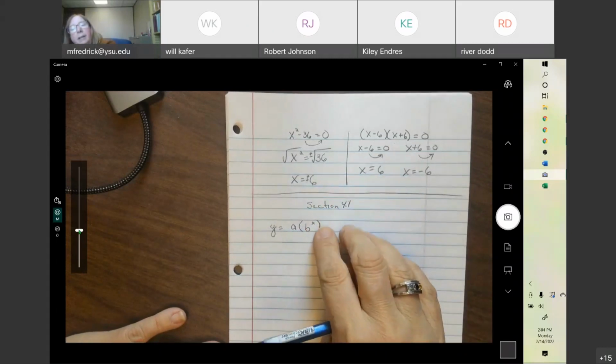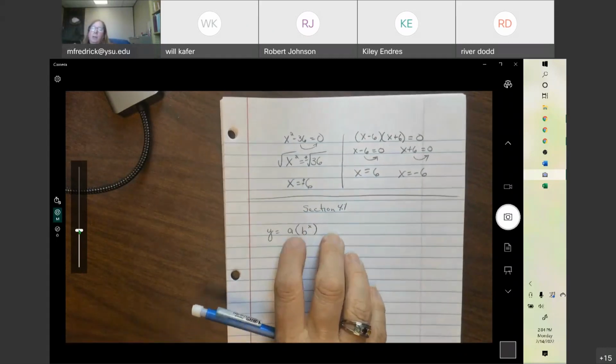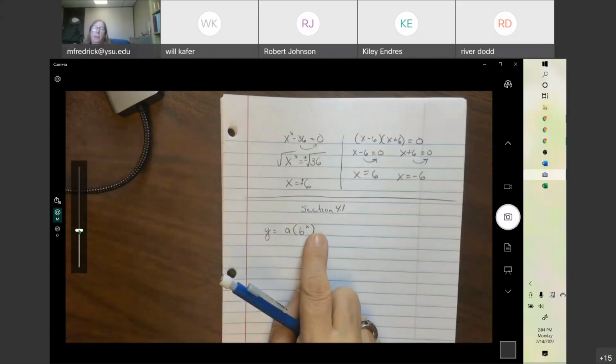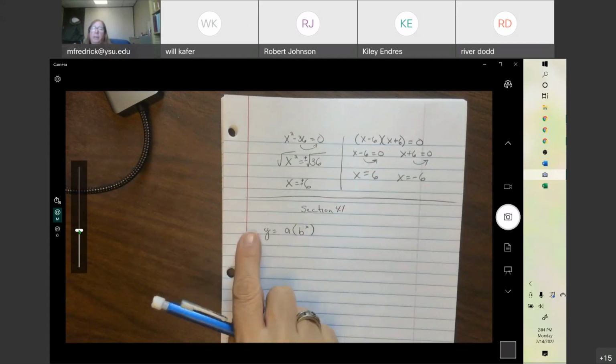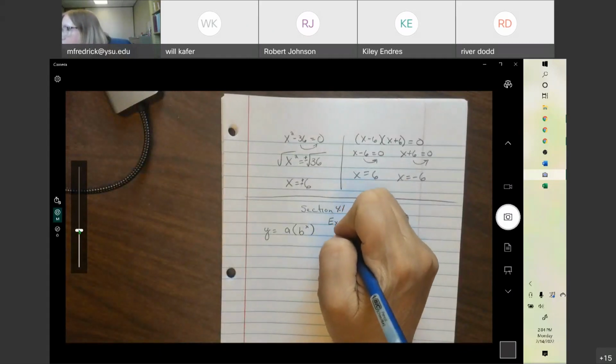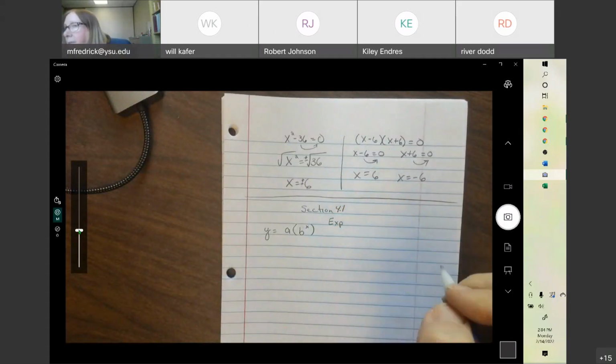The x is in the exponent. A does not have to be there. Sometimes there's a number, sometimes there isn't. But if you have a number to the variable, this is a power function or an exponential function, because x is an exponent.